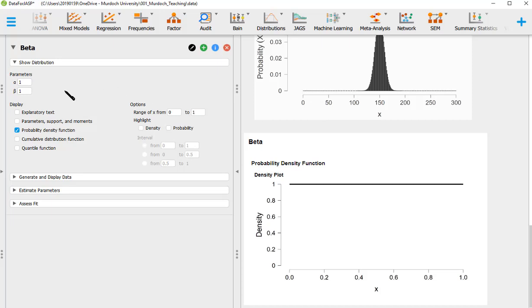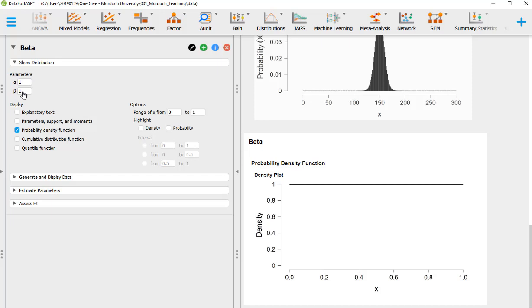If we've got alpha 1 and beta 1, all the values are equally probable. So the probability that one of the regions has 50% of the population is the same as that region having 60%, 70%, 80%, 90%, or 100%.